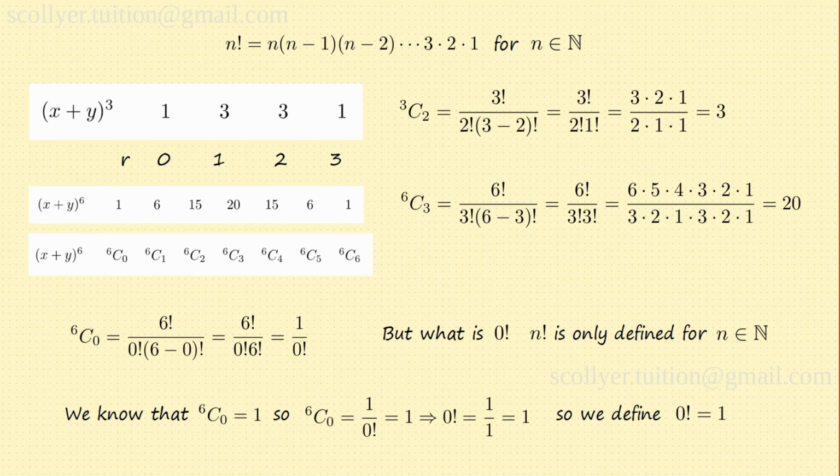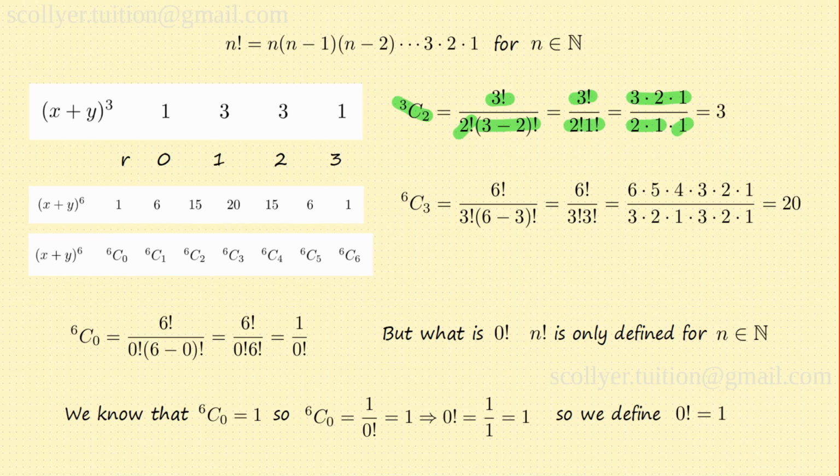So here are a couple of examples. 3C2 from the definition becomes 3 factorial over 2 factorial times 3 minus 2 factorial. That turns into 3 factorial over 2 factorial times 1 factorial. 3 factorial is 3 times 2 times 1. 2 factorial is 2 times 1. 1 factorial is 1.